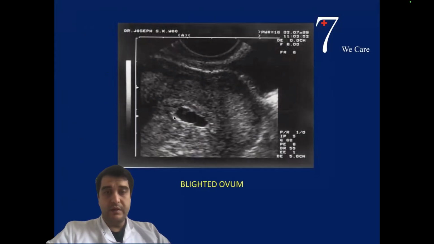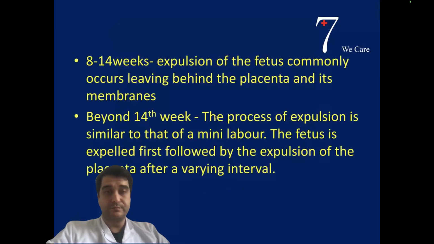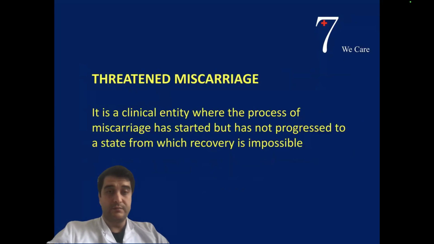As you can see by ultrasound, this is a blighted ovum. From 8 to 14 weeks, expulsion of the fetus commonly occurs, leaving behind the placenta and its membranes. Beyond 14 weeks, the process of expulsion is similar to that of a mini labor. The fetus is expelled first, followed by expulsion of the placenta after a varying interval.